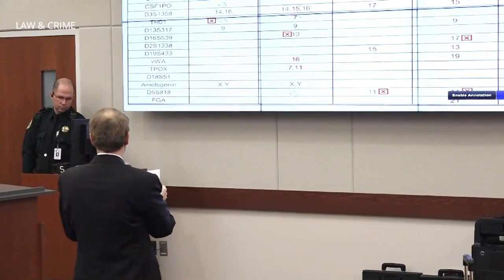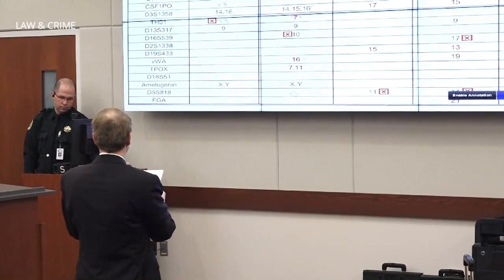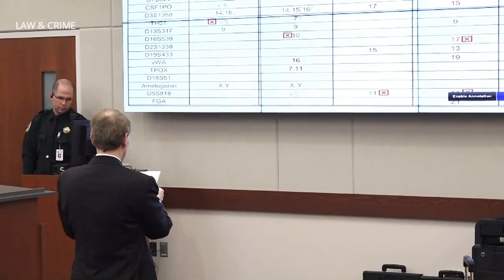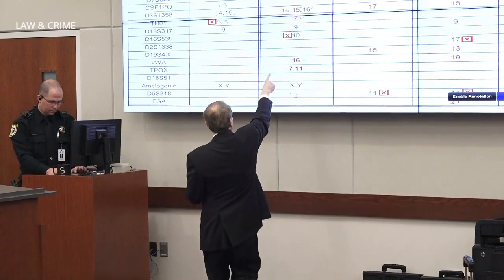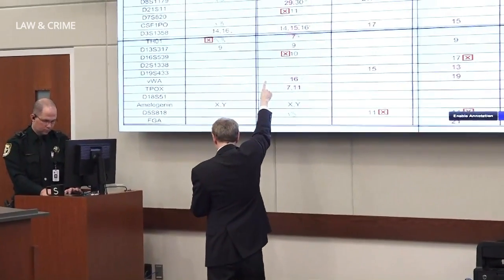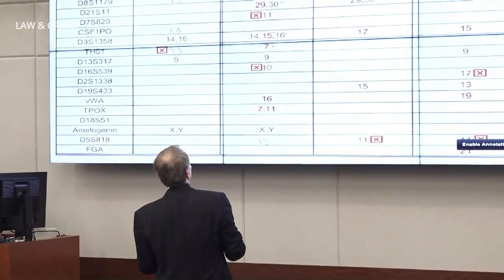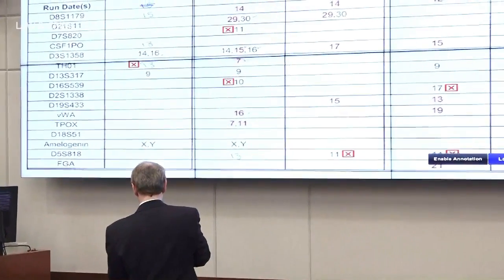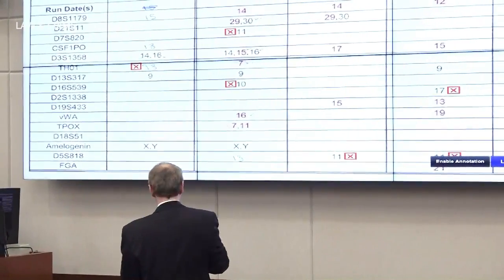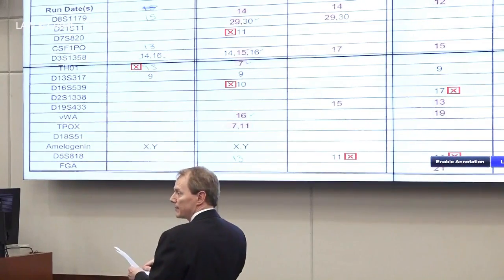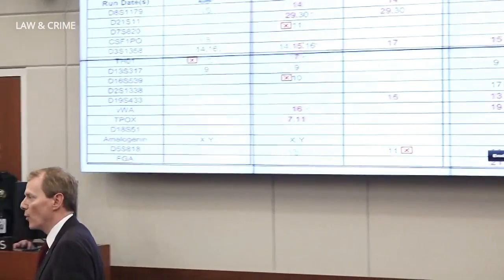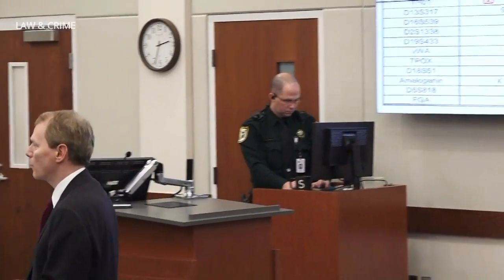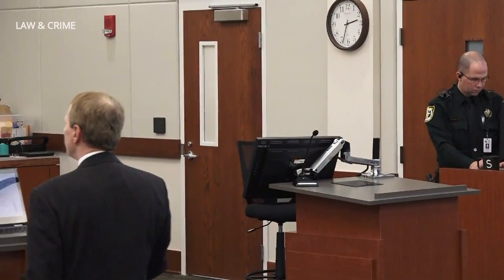Correct. At D16S, where that X is, right here, you're missing an 11, is that correct? Right. And the X should probably be on the other side of the 10 because you put them in order. And I just put the X in the wrong place, right? Yeah, that's fine.